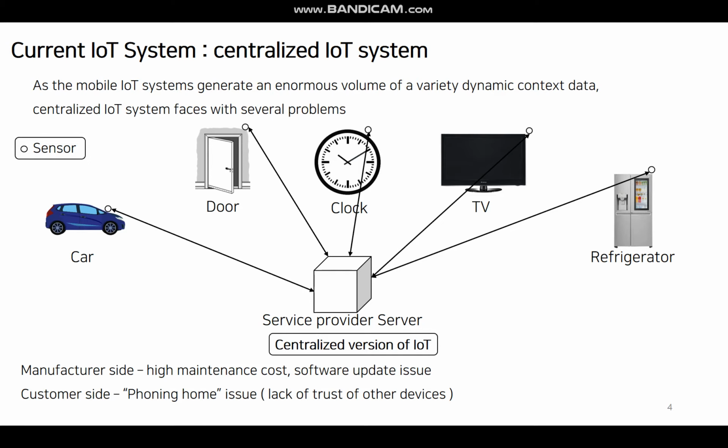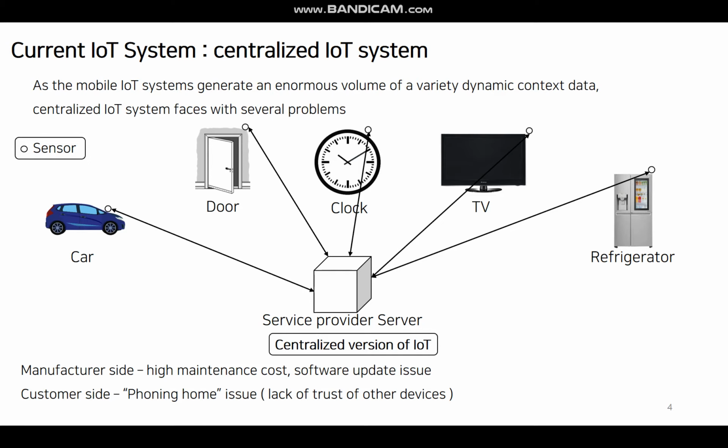So this centralized IoT system faces several problems. The figure shows that each thing is connected to the centralized service provider server. So if this service provider server has any limitation or any problem, then both manufacturer and customer have problems.